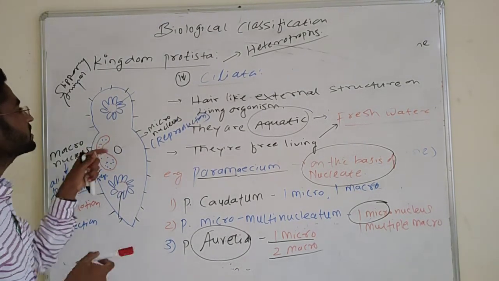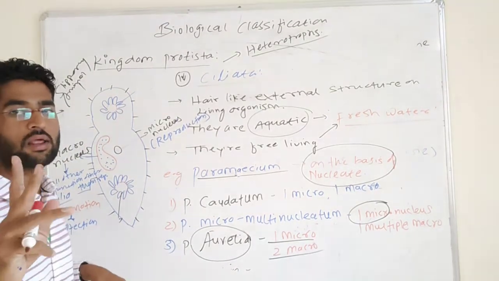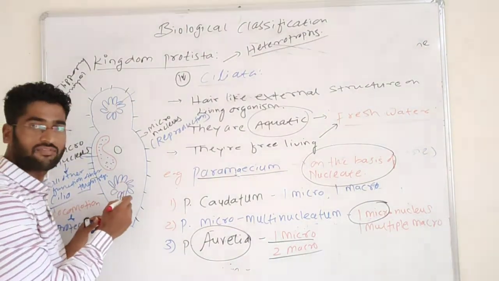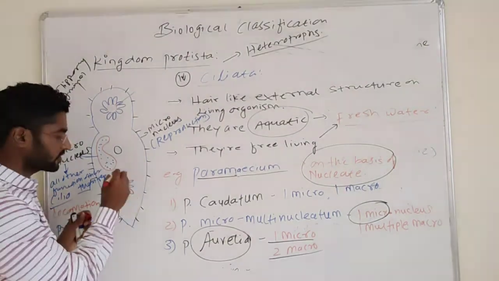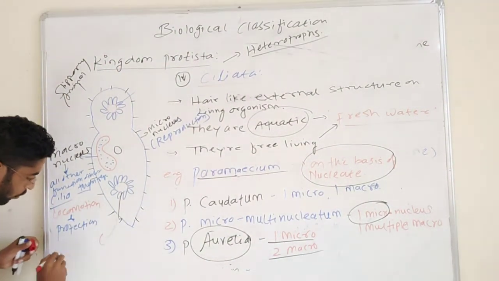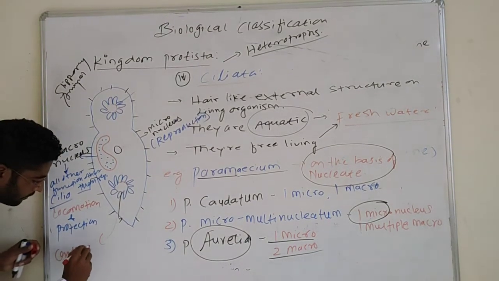Now this paramecium also has two contractile vacuoles, shaped like a flower, right? You see, like a sunflower is their structure, with external projections, and this is known as the contractile vacuole.